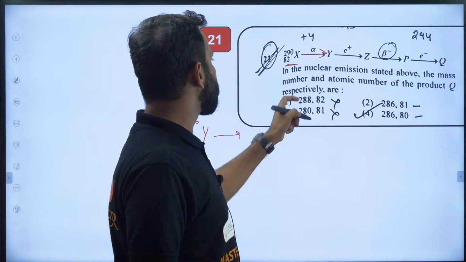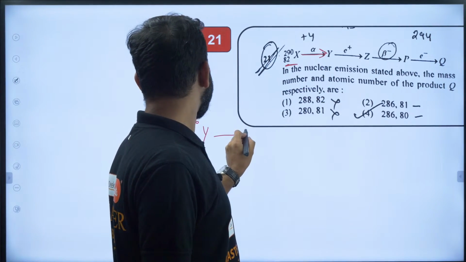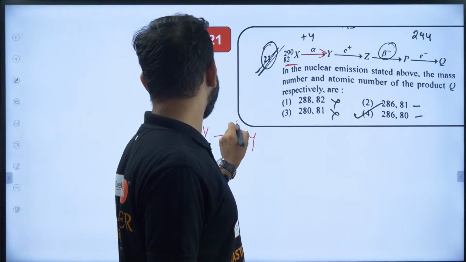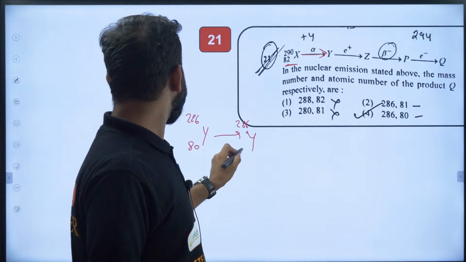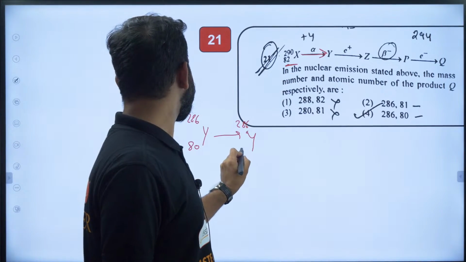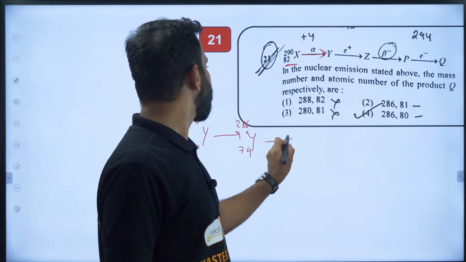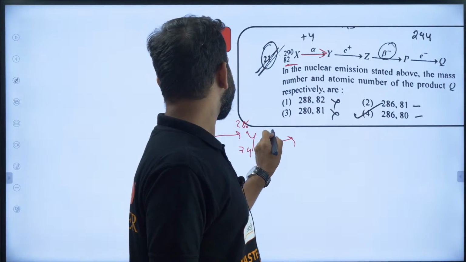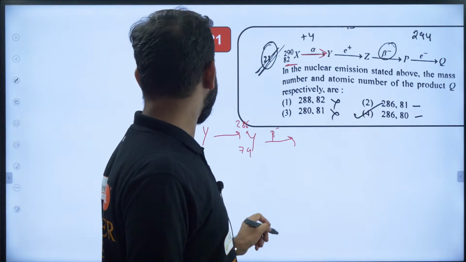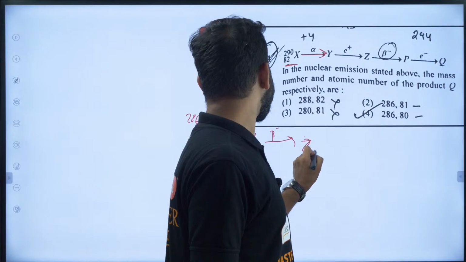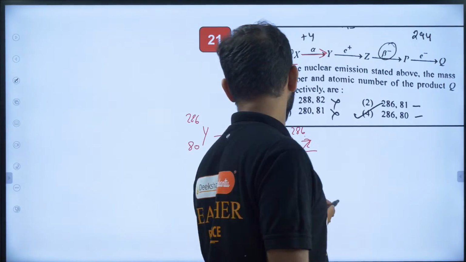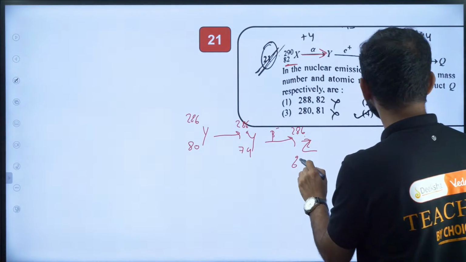Now the positron emission, so this will be y equal to 286, and the atomic number will be 79, isn't it? Here beta minus decay. In beta minus decay, again this will be 286, here x, z, 286 and 80.